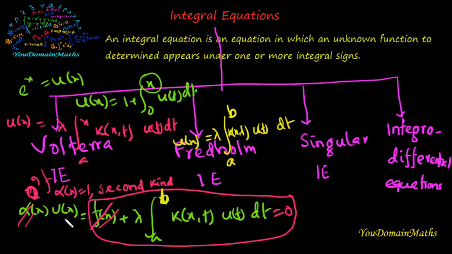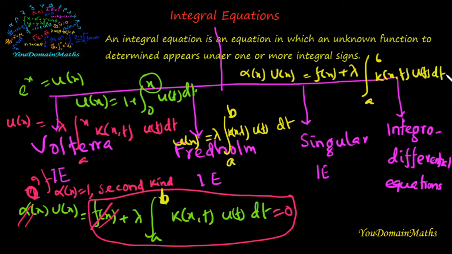That means alpha(x) u(x) = f(x) + lambda times the integral from a to b of K(x,t) u(t) dt. We write it clearly: alpha(x) u(x) = f(x) + lambda times the integral from a to b of K(x,t) u(t) dt.